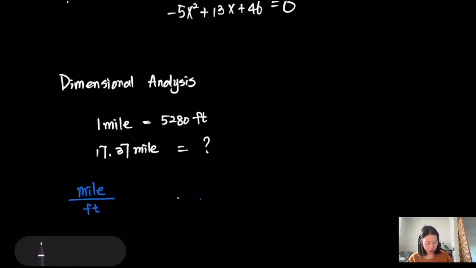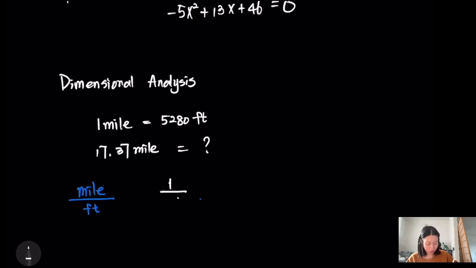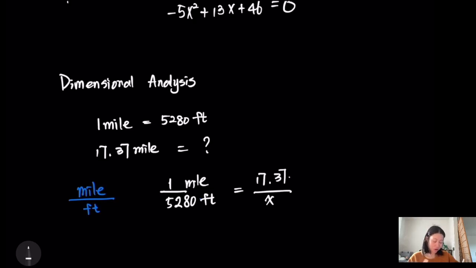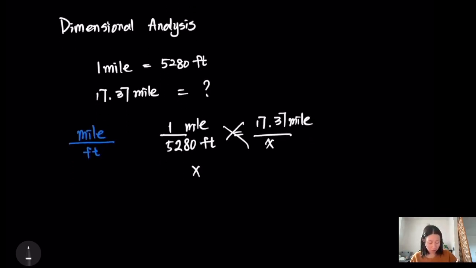So every 1 mile always equals 5,280 feet, which is equal to, we don't know how many feet, but we know the miles is going to be 17.37 miles. We can set up a proportion like this, and then use cross multiply to figure out x, and we solve it.